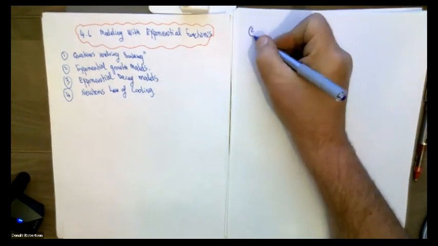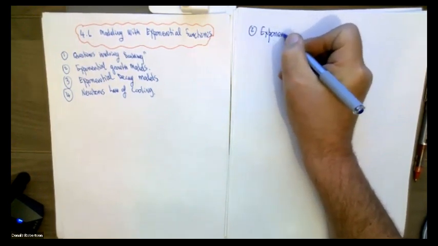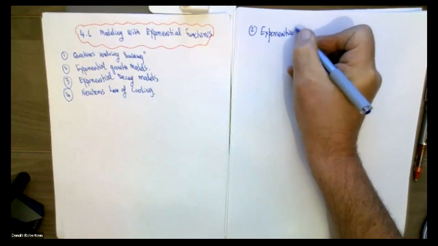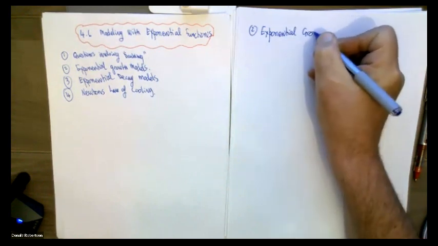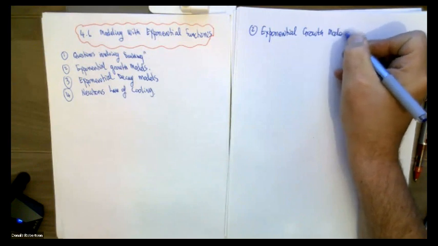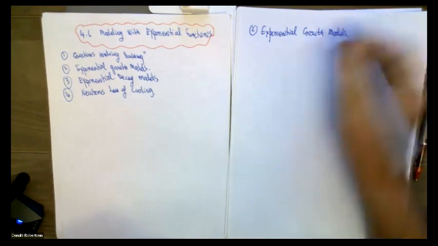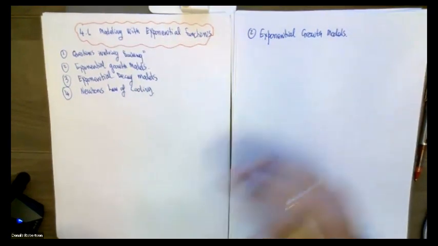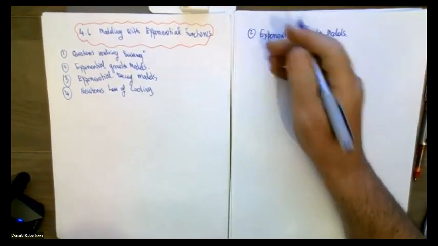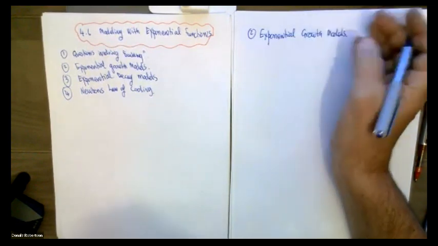We're now going to do exponential growth models. Well, in these stories, you're given an initial population typically, and then you're given a relative growth rate.